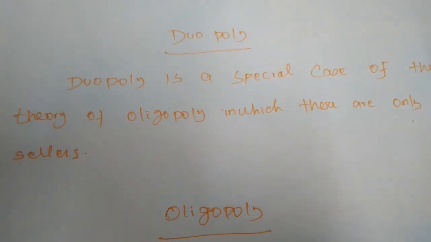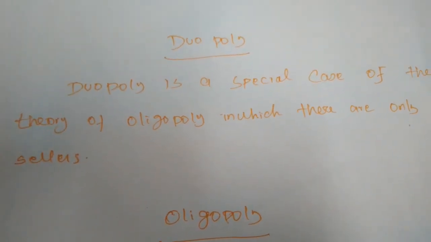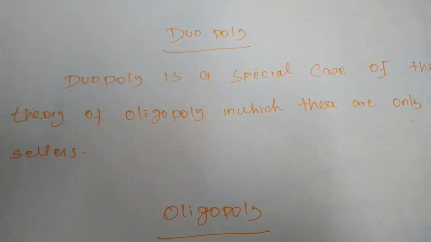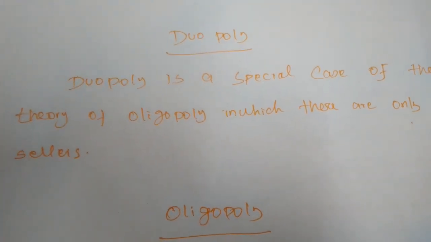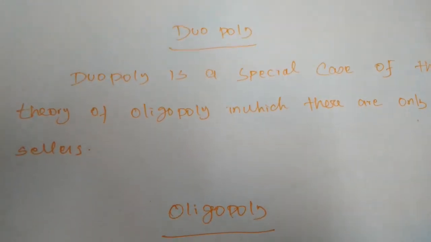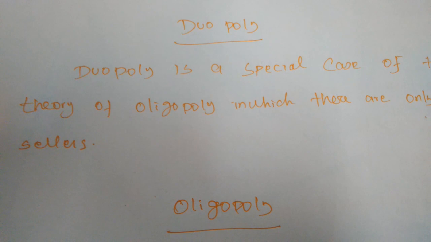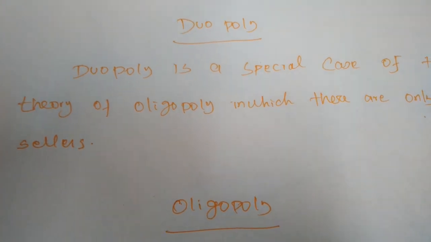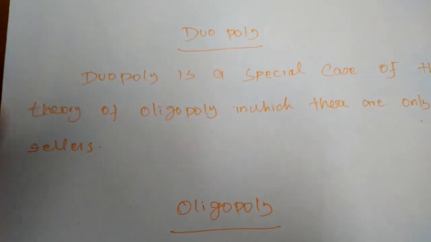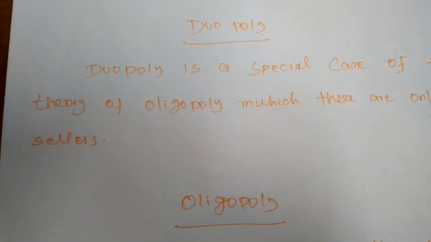Normally, if 2 sellers are in this market and one of them fixes a very low price for their commodity, it will affect the other seller also, right? Like that, if one of the sellers brings a change in their commodity, such as size, shape, color or price, it will affect the other company also.